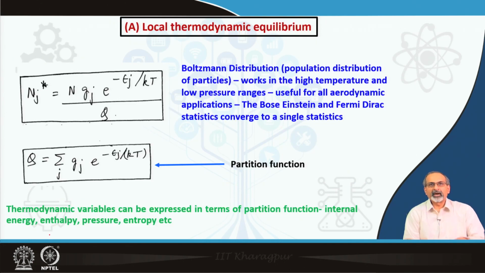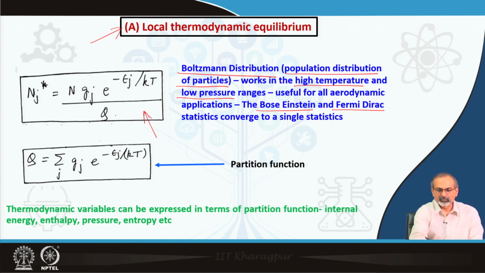So, keeping that in mind, we first look into part A, the local thermodynamic equilibrium. Again, a quick recapitulation will be really useful at this point. We have been talking about the Boltzmann distribution, which is a population distribution of particles distributed over different energy levels, which puts together the Bose-Einstein and Fermi-Dirac statistics under a single umbrella and works for high temperatures and low pressure ranges, where we have a unique statistics.